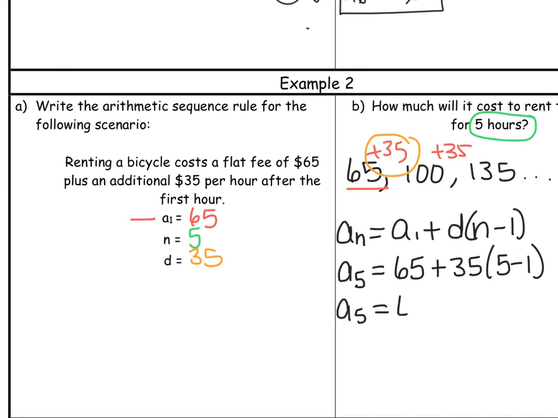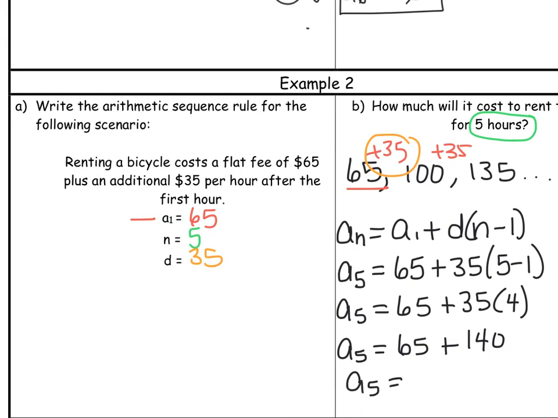And we get a5 equals 65 plus 35 times 4. The fifth term gives us 65 plus 140, which is 205.